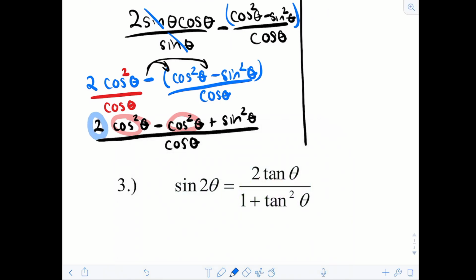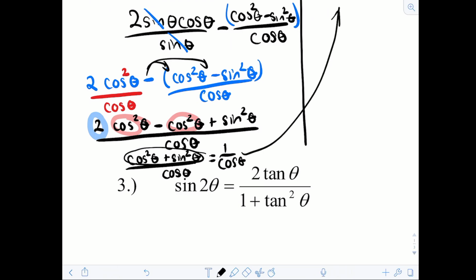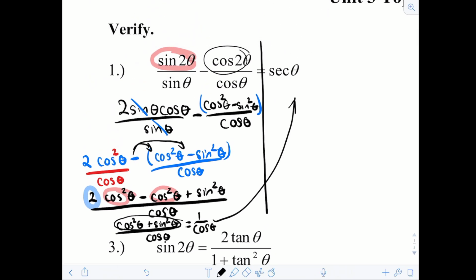So if we simplify that down, 2 cosine squared thetas minus 1 cosine squared theta would just leave us with cosine squared theta plus sine squared theta, and then over cosine. And we know cosine squared plus sine squared equals 1, so it's going to be 1 over cosine of theta, which ends up giving us, over here, secant of theta.